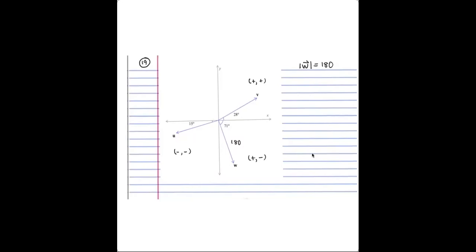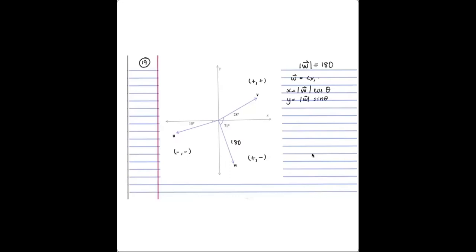I'm also going to use the fact that in order to find the x component of a vector, when you know the magnitude, x is given by the magnitude of w times the cosine of the angle, and that's if you have the direction angle, so I'm going to call it theta. And then y is equal to the magnitude of w sine theta, and that would be for finding the components of vector w.